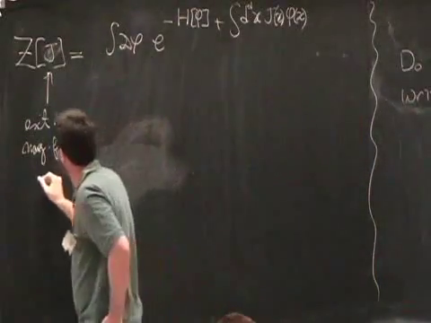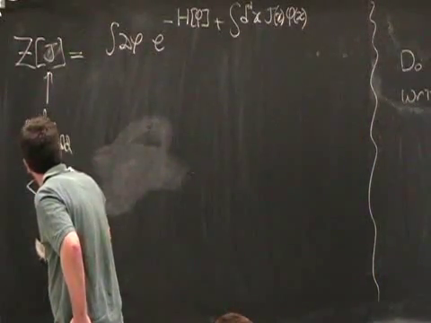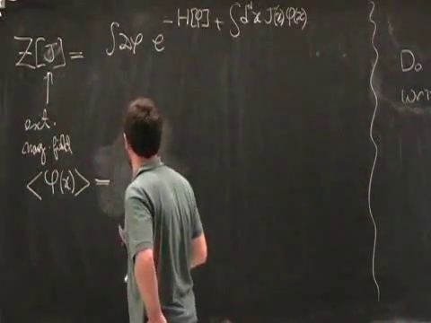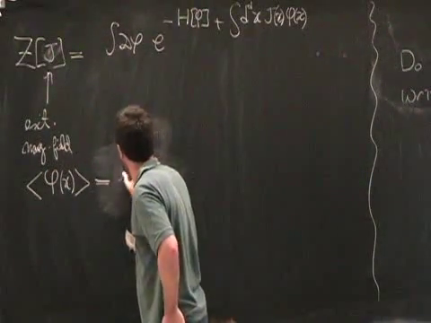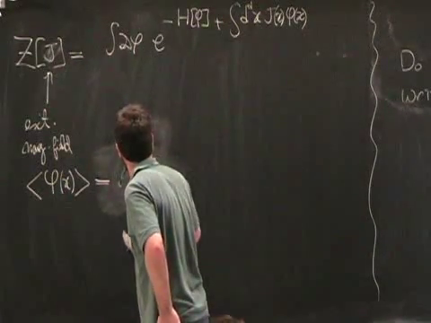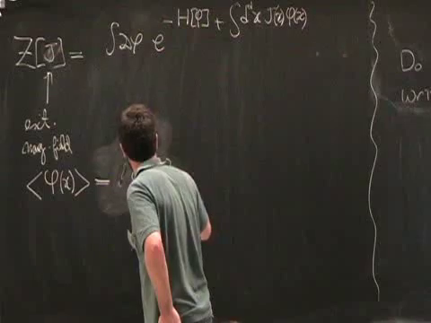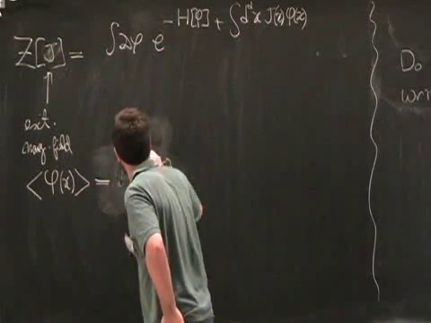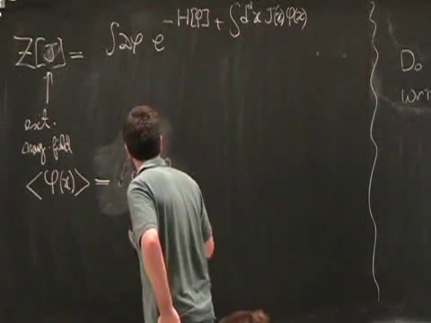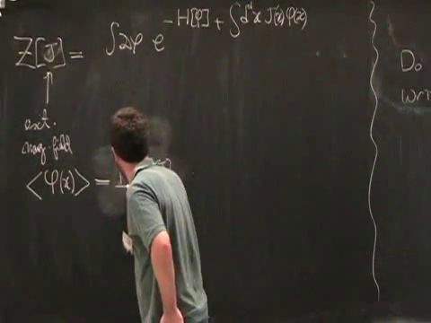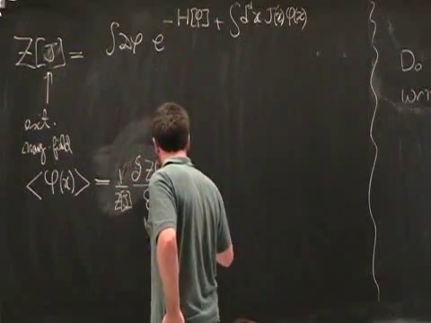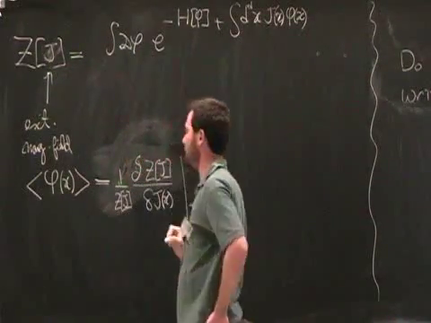So, for example, if you want to take the mean value of phi, you would put the derivative of Z_J with respect to J at x divided by Z_J, everything evaluated at J equal to 0.